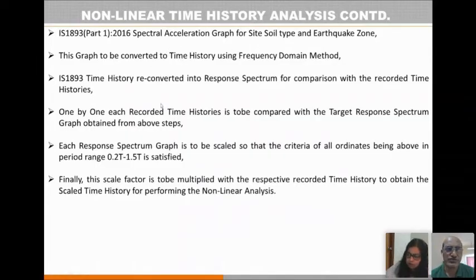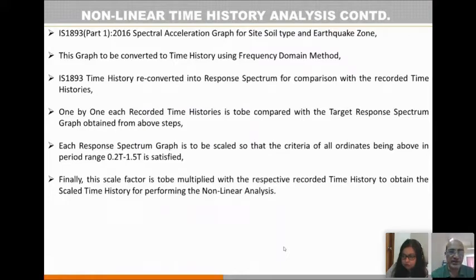In this, the spectral acceleration Sa/g versus T curves have to be referred to, then this graph is converted to a time history using the frequency domain method, then the IS 1893 time history is reconverted into the response spectrum for comparison with the recorded time histories. One by one, each recorded time history is compared with the target response spectrum.